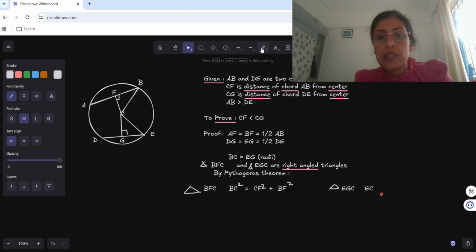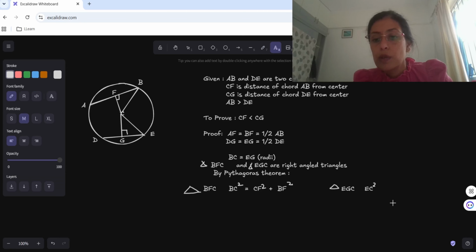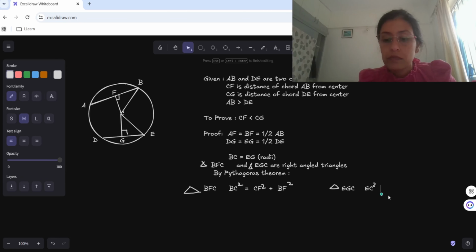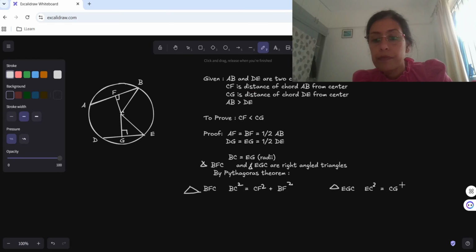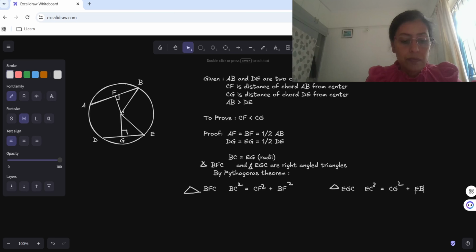Okay, so we'll say our EC square will be equal to CG square plus EG square.